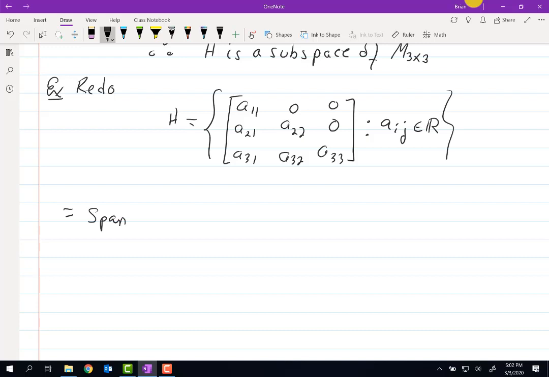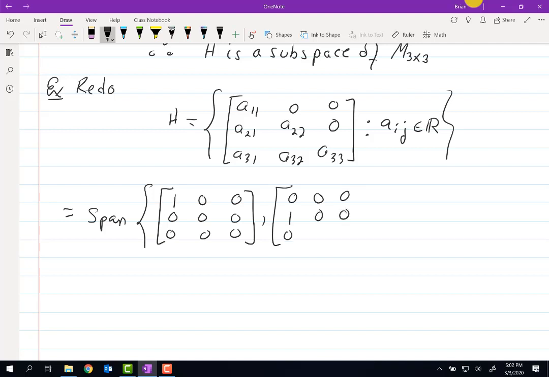If you can get it to be a collection of vectors and write it as the span of those vectors, you know automatically H is going to be a subspace. So H is spanned by the matrices with a single 1 in each of the positions in turn: 1, 0, 0, 0, 0, 0, 0, 0, 0, comma, 0, 0, 0, 1, 0, 0, 0, 0, 0, comma, 0, 0, 0, 0, 1, 0, 0, 0, 0.